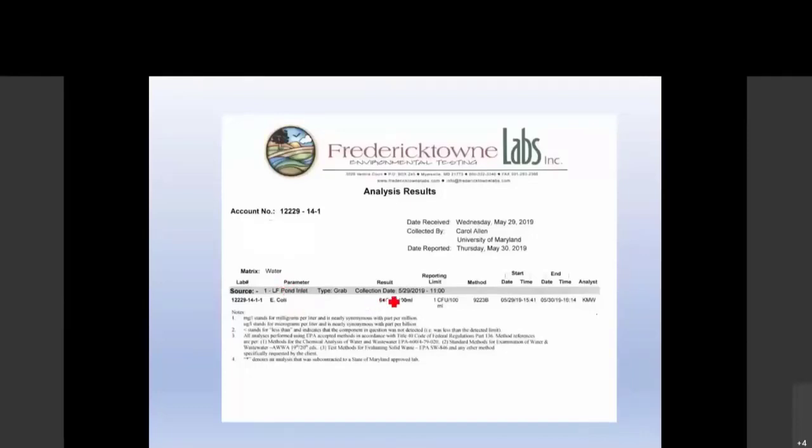You can see the date I took that was last May and the time of day. I'm looking for generic E. coli. This is their notes. And we came up with 64 colony forming units per 100 mLs on this particular sample. So what does that mean to me? All right, so we'll get to that.